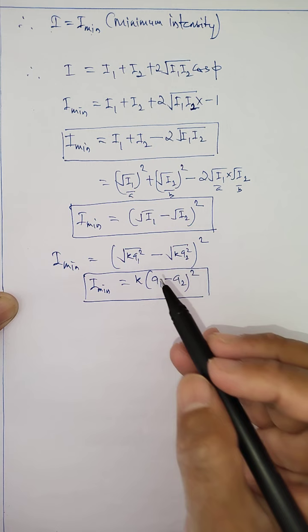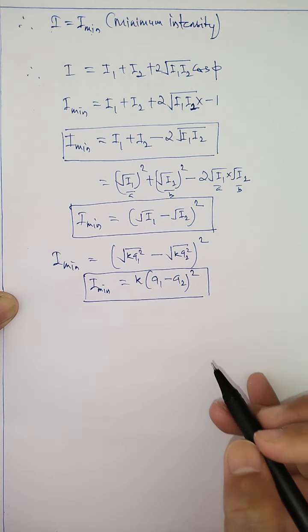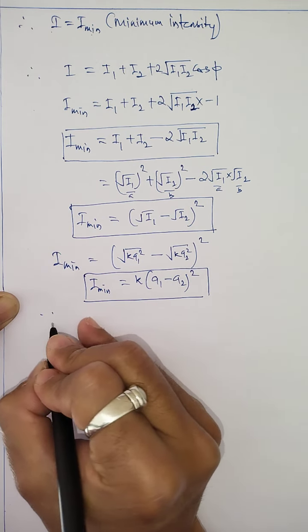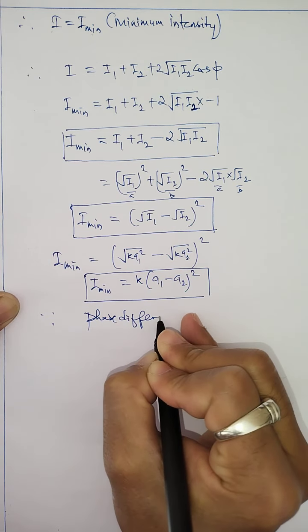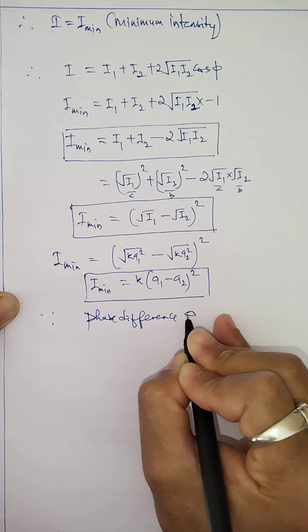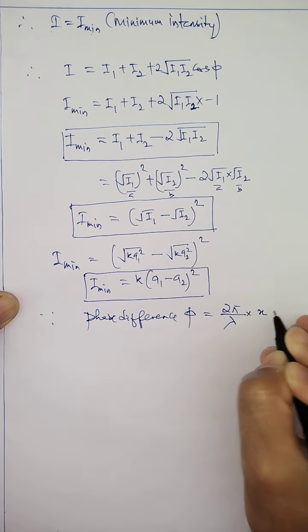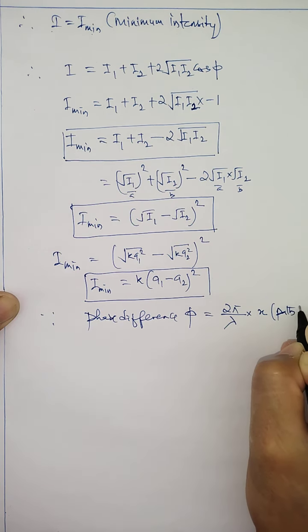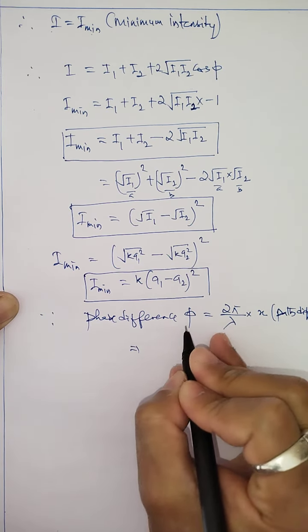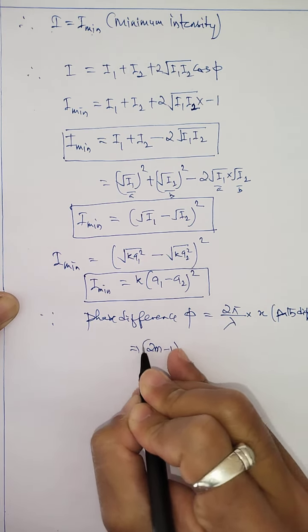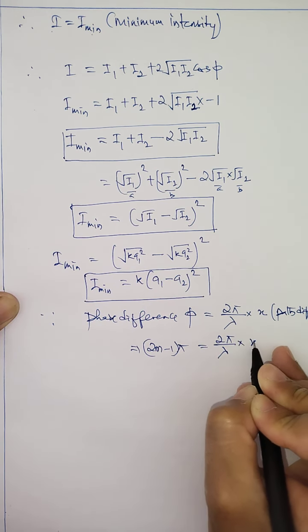Destructive interference. But this destructive interference is obtained when phi is (2m minus 1) pi. But the same minimum intensity is also obtained in terms of path difference, since the phase difference phi equals 2 pi by lambda into x, where x is the path difference. So (2m minus 1) pi equals 2 pi by lambda into x.